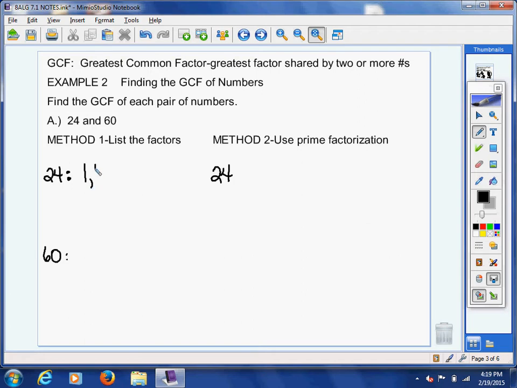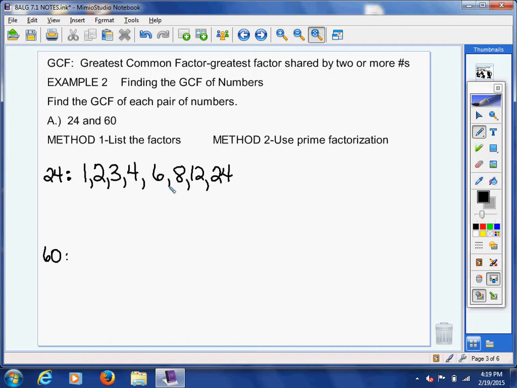And I know 2 goes into 24 12 times. 3 goes into 24 8 times. 4 goes into 24 6 times. 7 doesn't go into it, and then once you hit 8, you're starting to repeat again, and it's already written, you don't need to write 8 again.